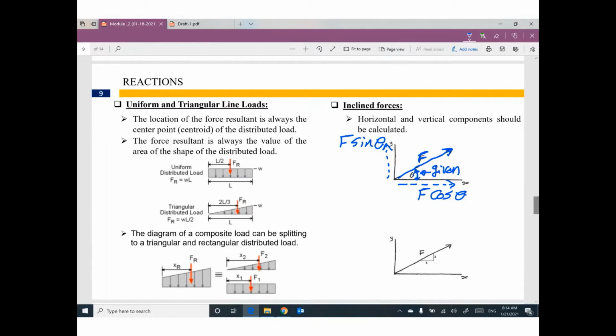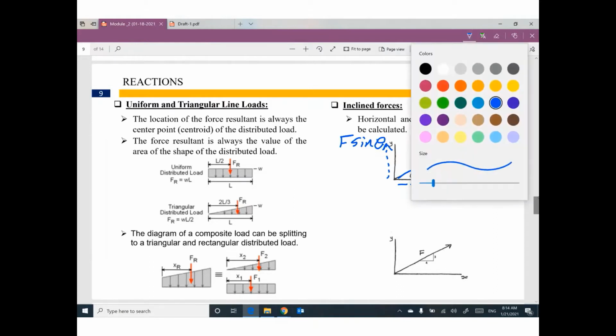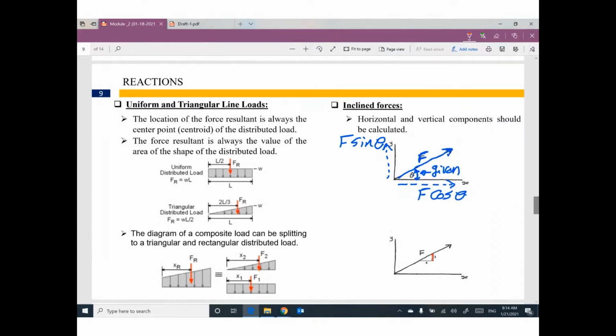Sometimes theta is not given. Sometimes a right angle triangle is given. Just to remind you, if you have a right angle triangle like this, if this side is 3 and this one is 4, the third member will be 5.